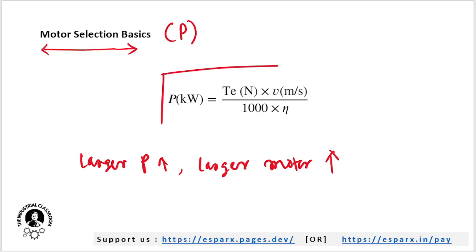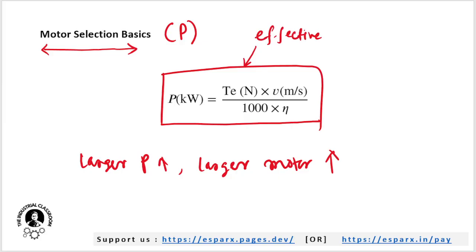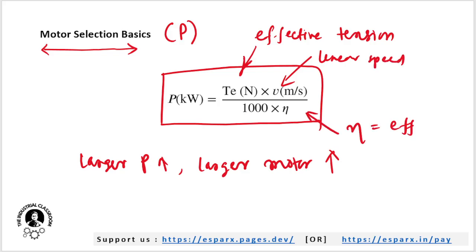Power is equal to TE into V divided by 1000 into N. TE is the effective tension of the belt, V is the linear speed in meter per second, 1000 is the constant, and N is the efficiency.